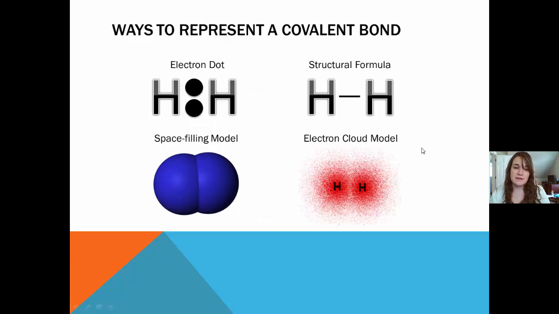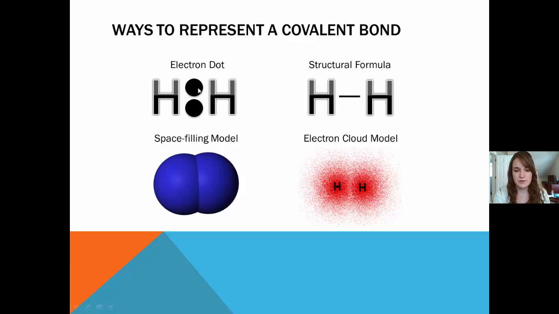Last thing I want you to just write down is that we have different ways to represent a covalent bond. If you could make a drawing of these, that would be awesome. At least draw electron dot and structural formula, but you can just write about the space filling model and electron cloud model if you think they're a little bit difficult to draw. So electron dot, we show those valence electrons in that one single bond.